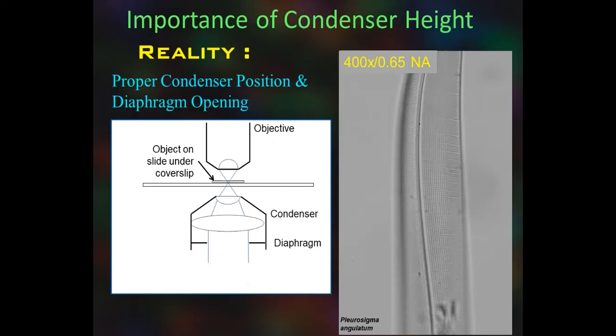In this slide, we see the image on the right. The puncta, or little dots, are clearly visible inside the diatom. The focus of the objective did not change, only the condenser position. The condenser is correctly focused on the specimen, and the condenser diaphragm was not adjusted.